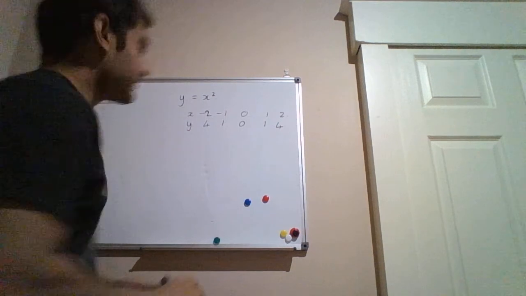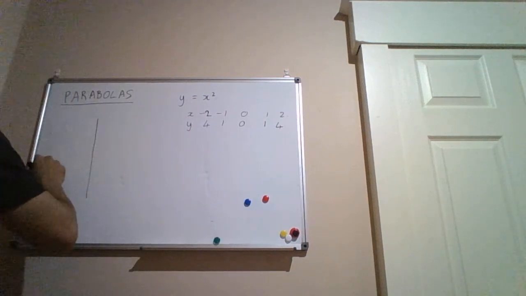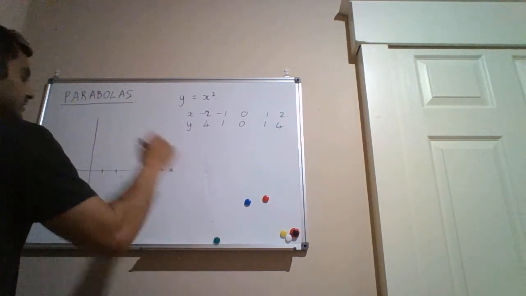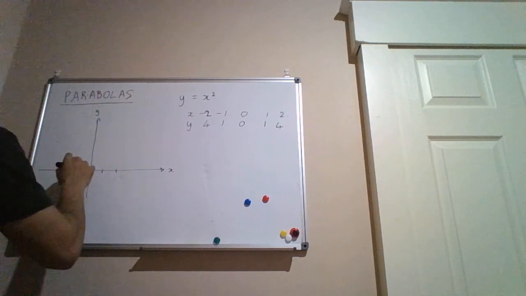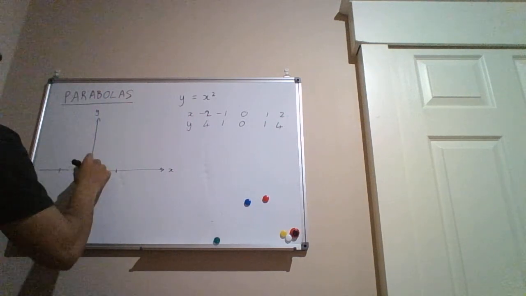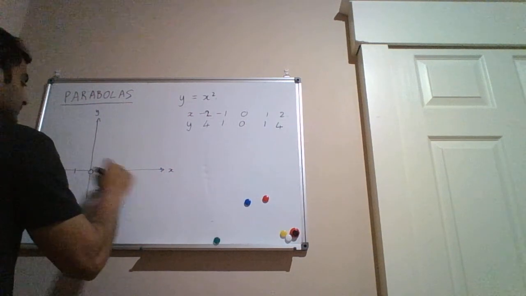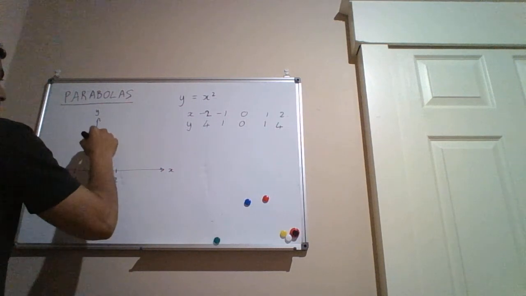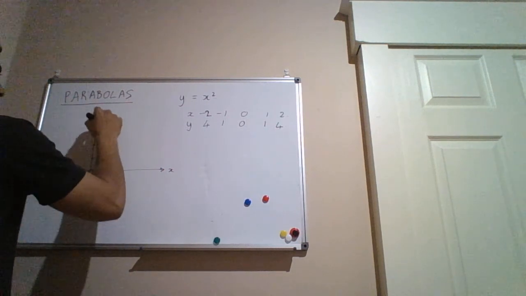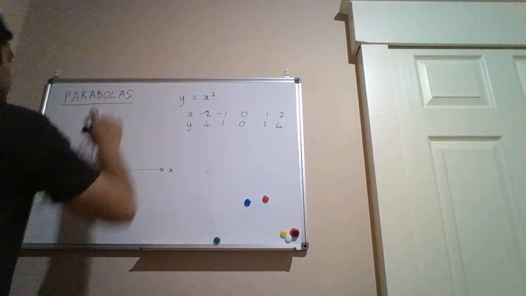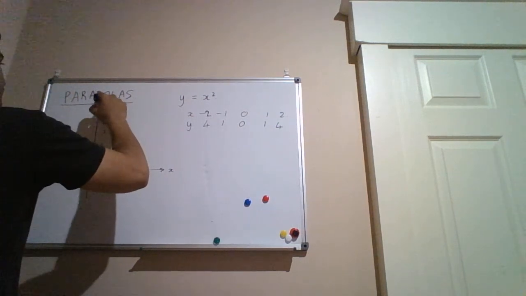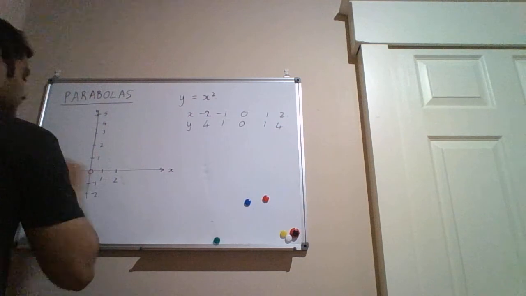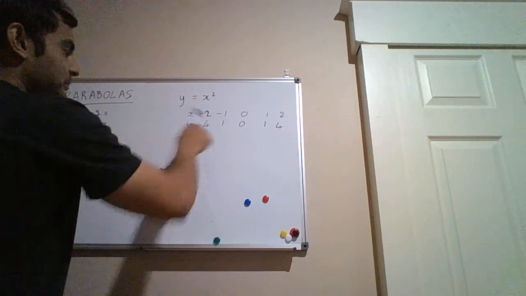So now I just want to graph this. X-axis, Y-axis. Okay, let's plot the first pair of points.